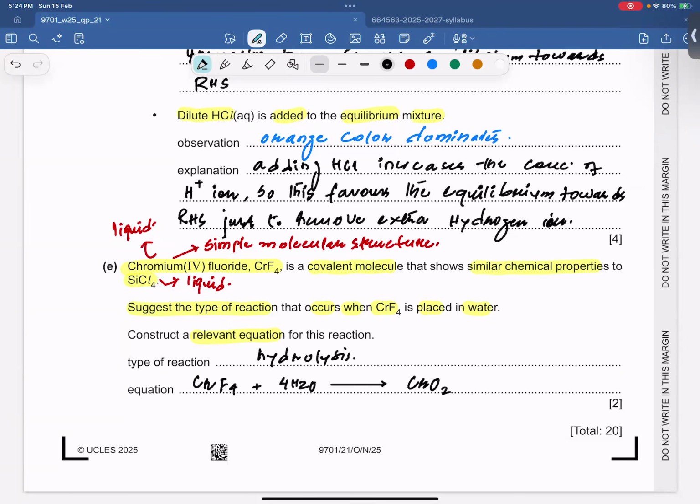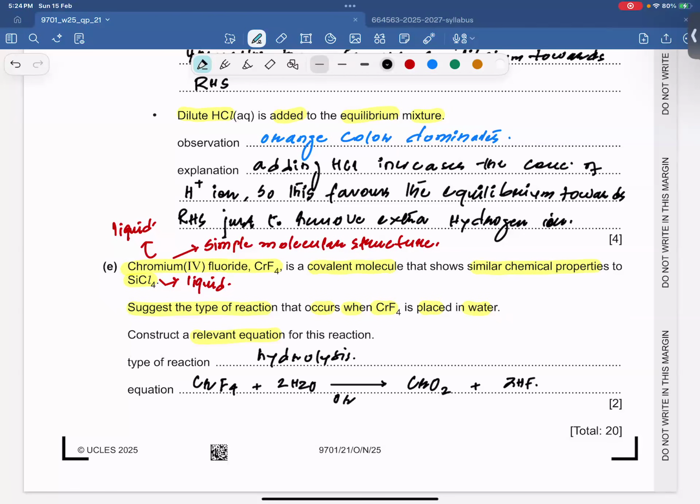CrO2, chromium 4 oxide, plus 4 HF. It has to be 2 then, right? CrO2 and 2HF, 2 hydrogen fluoride.